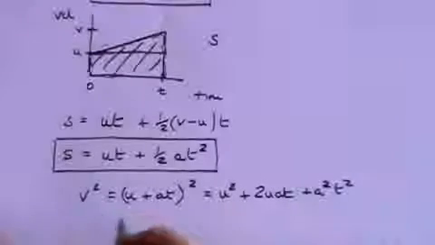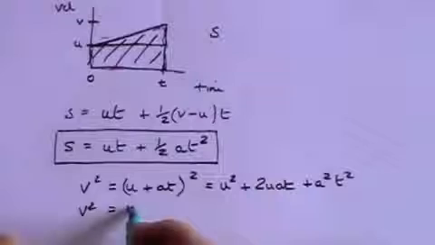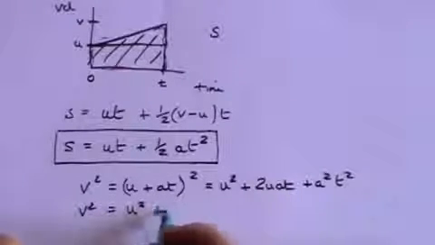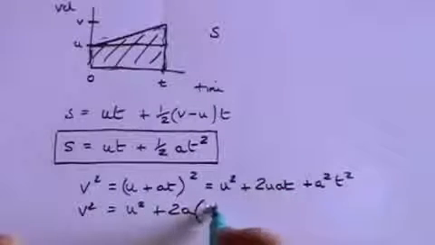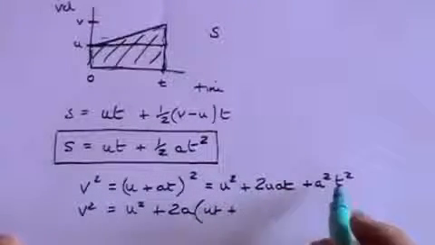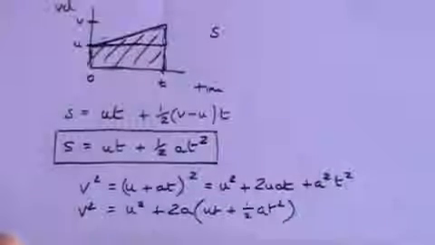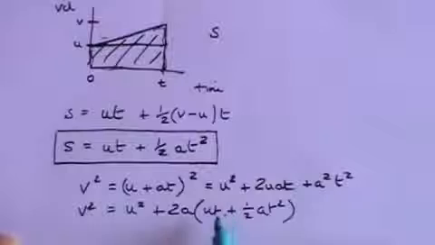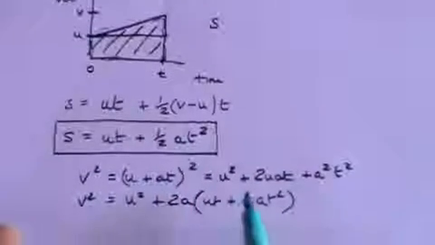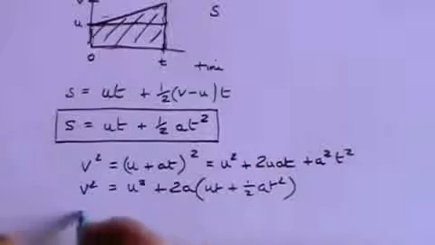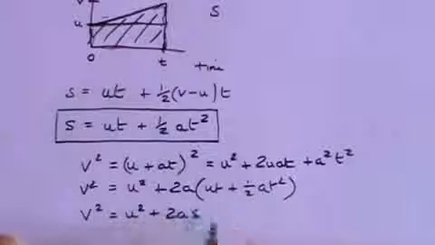Well, we can rearrange that to say that v squared is equal to u squared plus 2a into ut plus 2a into half a t squared. But ut plus half at squared is s. And that gives us our third formula, v squared equals u squared plus 2as.